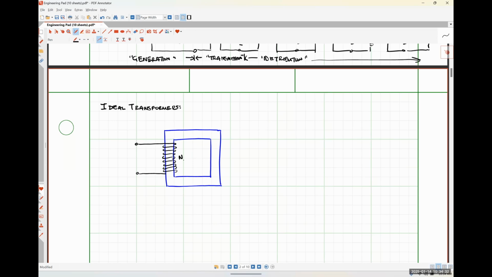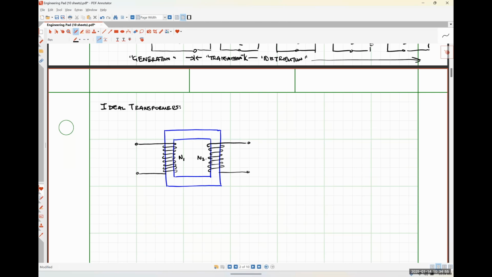So here's my first coil having N1 turns. Over on the other side, I'll have the secondary coil having N2 turns.